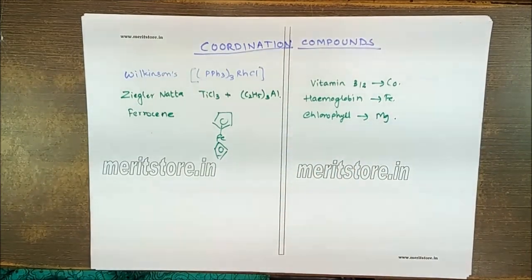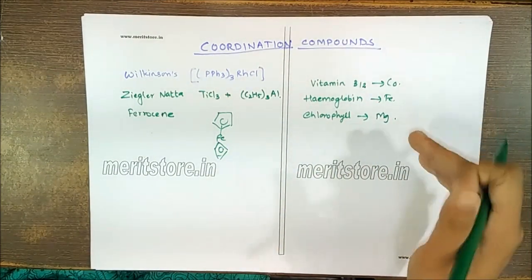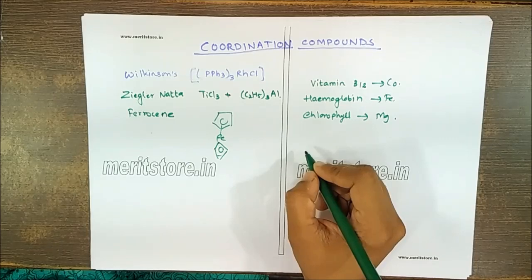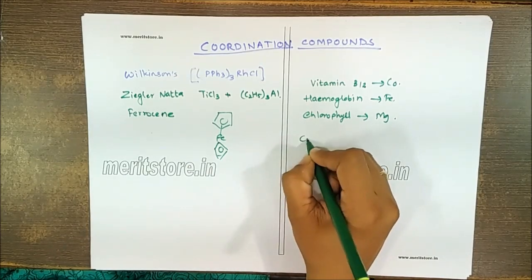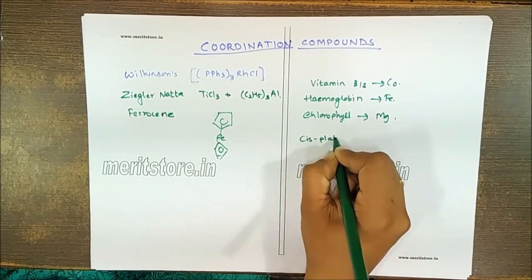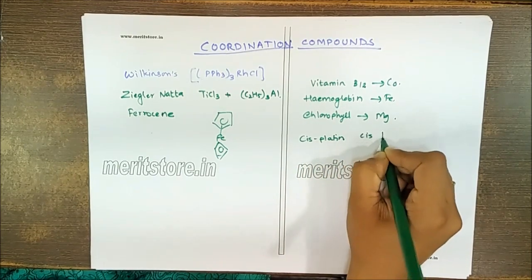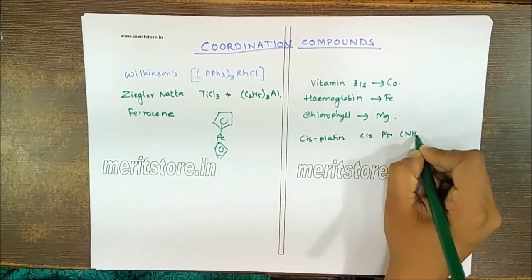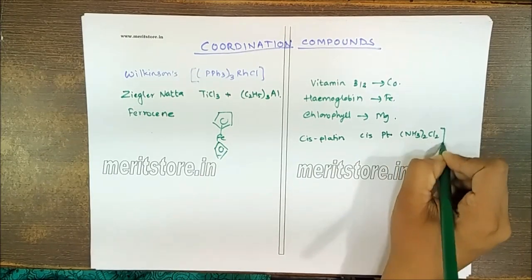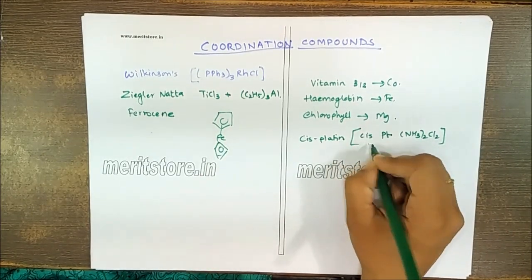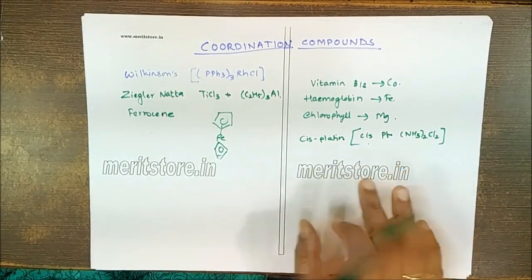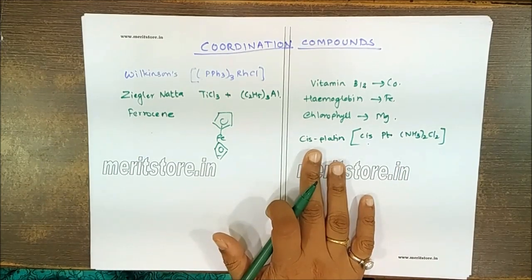They're all important for their different uses. They're all coordinate compounds. Then the most important one, cisplatin. Cisplatin is cis platinum diammine dichloro complex, which is nothing but the anti-cancer drug. So they're playing a very important role in our daily life.